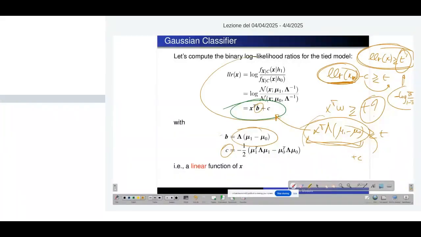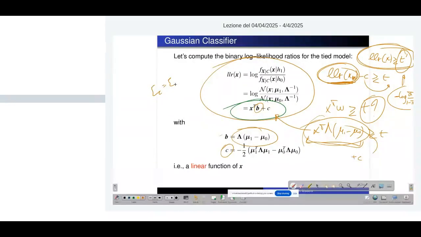So the tied model corresponds to, let's say, the probabilistic version of LDA, and it shares many of its assumptions. For the tied model, we said the assumption is that the within class covariance is the same for all the classes. Indeed, that's also the criterion that is required by LDA to be optimal.